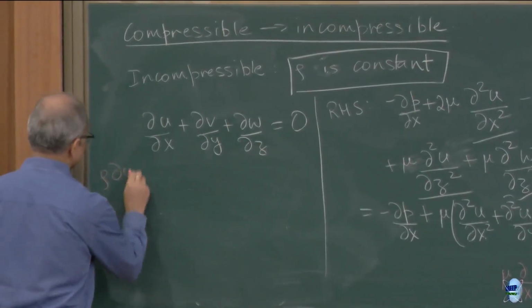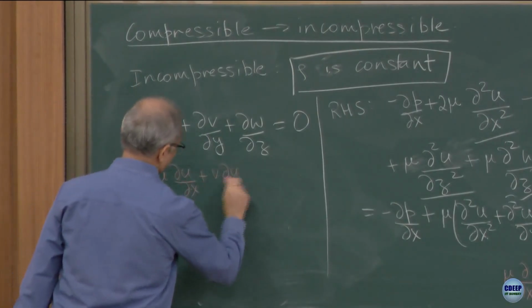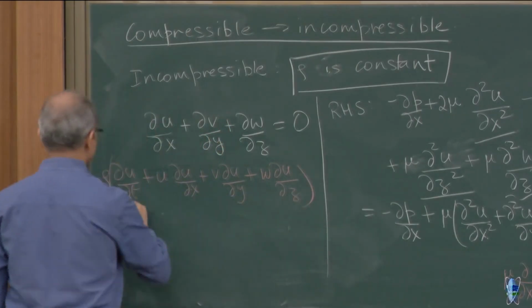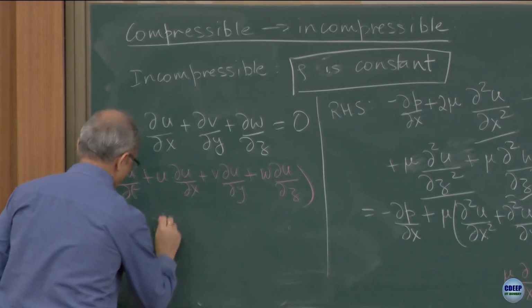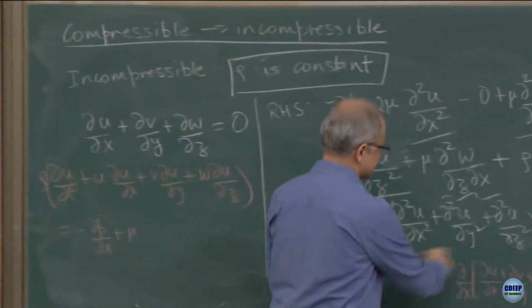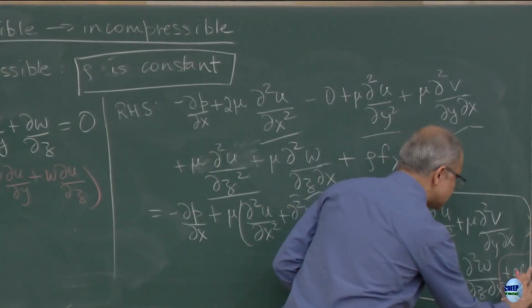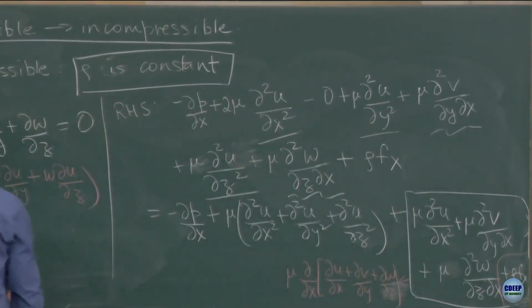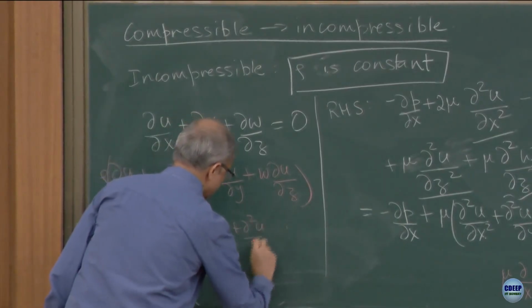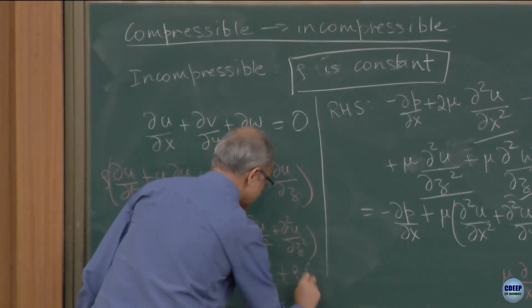So now putting everything together. From here, this term survives, this is the other term, this term is anyway 0, and of course the fx term I should have taken out: ∂²u/∂x² plus ∂²u/∂y² plus ∂²u/∂z², plus rho times fx.